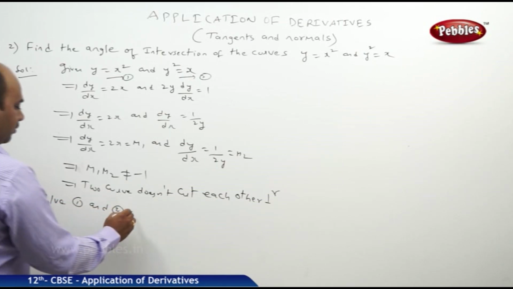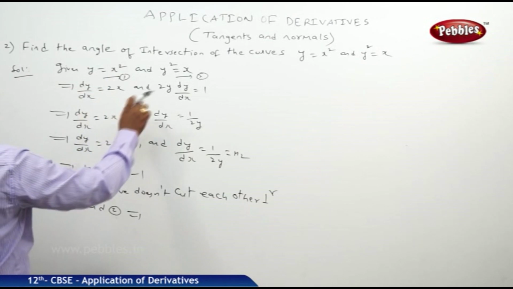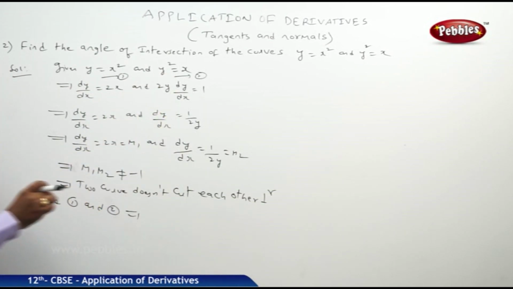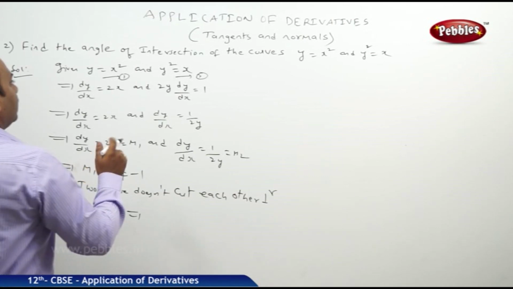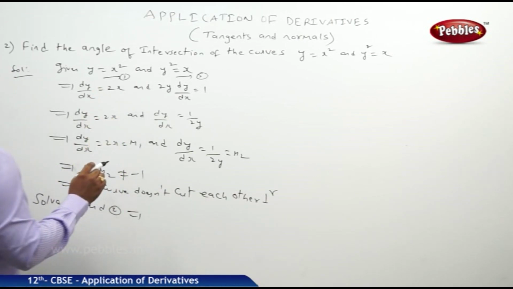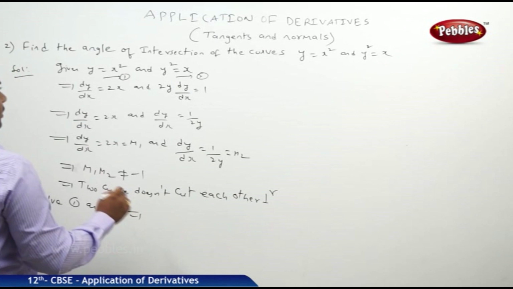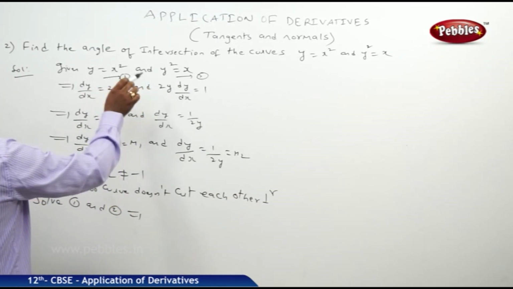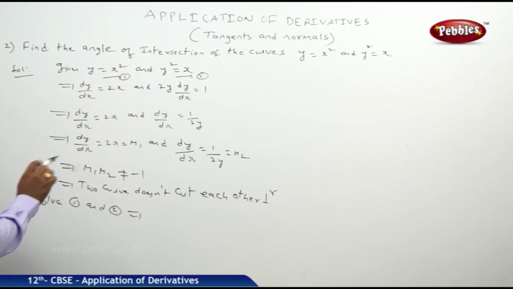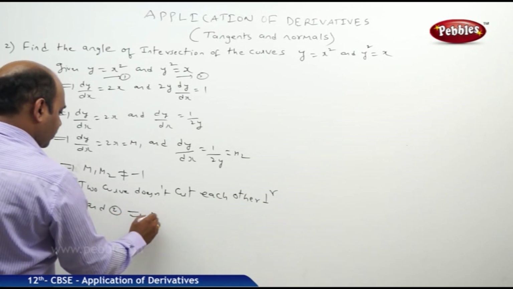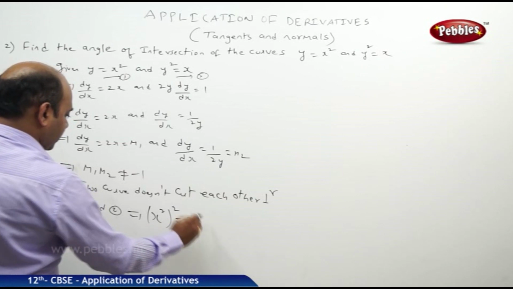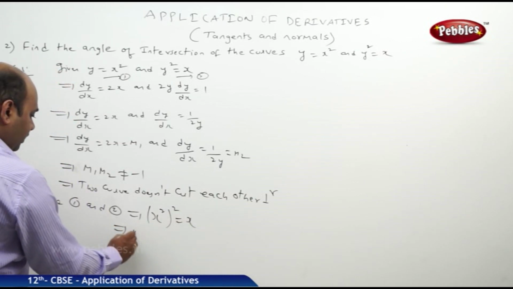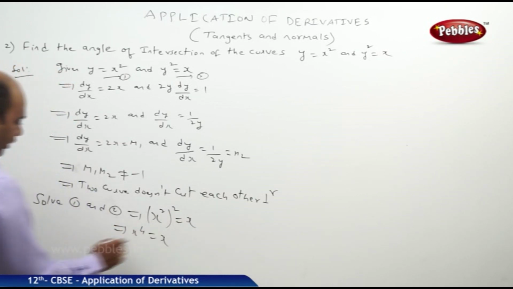Solving 1 and 2, what happens? Here y is equal to x square and here y square is equal to x. We should be very, very careful. Since y is equal to x square, in equation 2 I will substitute x square in place of y. So x square whole square becomes x, that means x power 4 is equal to x.